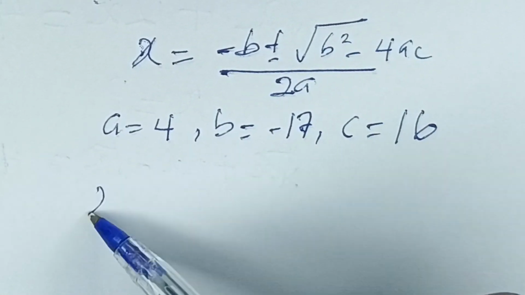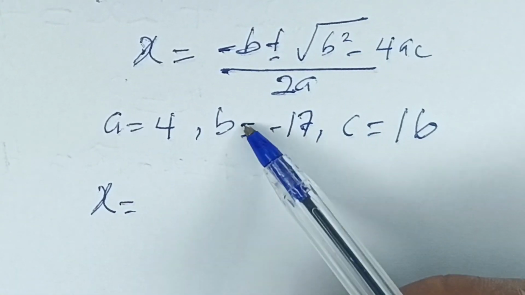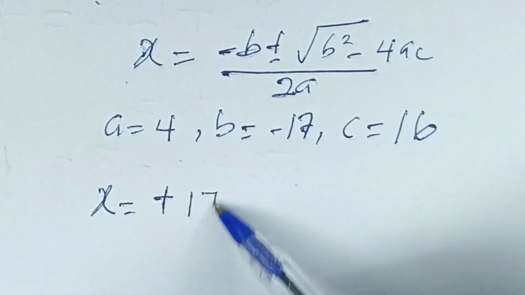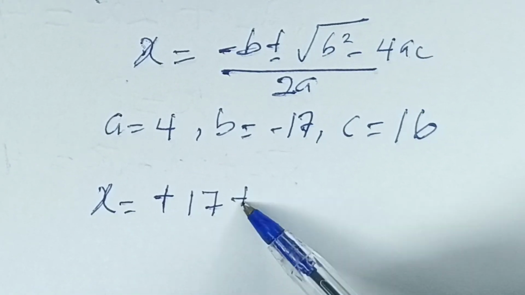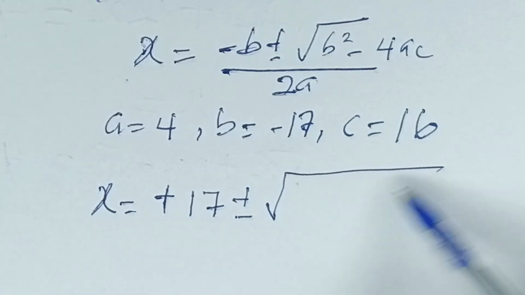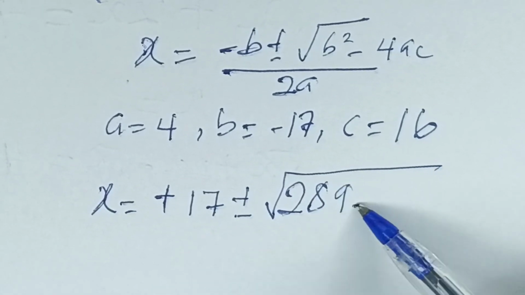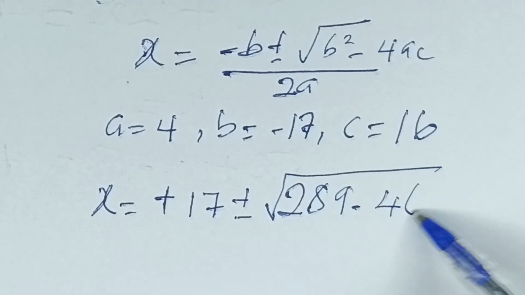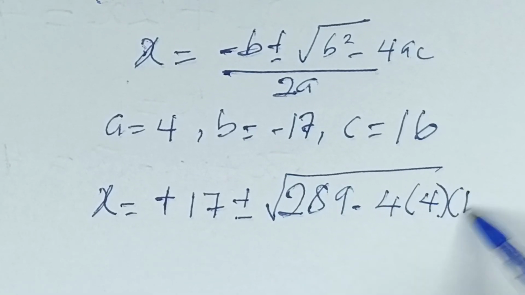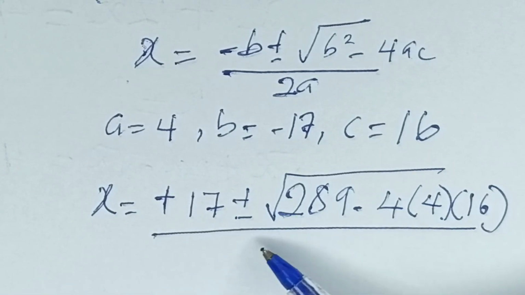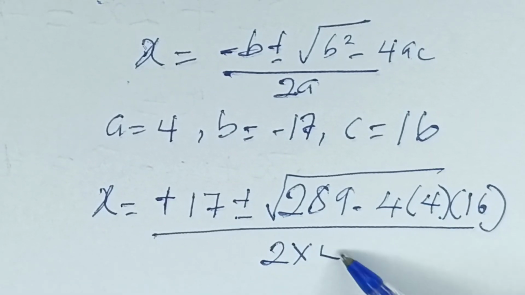So we now have that our x will be equal to minus times minus 17 is plus 17 plus or minus square root of minus 17 squared is 289 minus 4 times 4 times 16, alright, which is 4ac, all over 2 times a is 2 times 4.